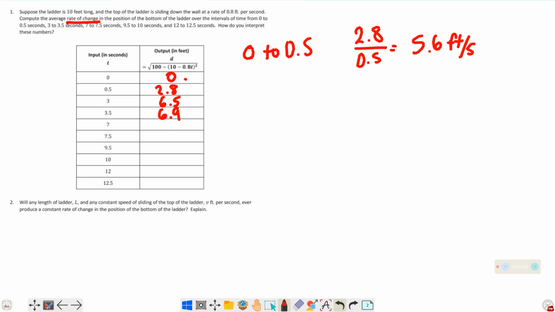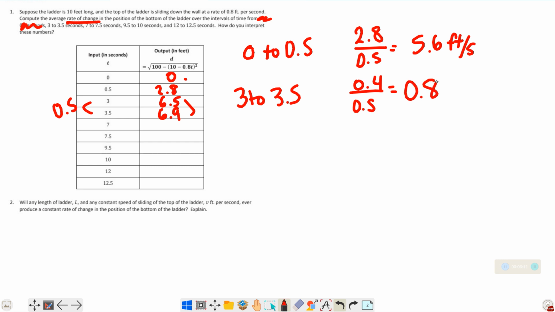Then for the next one, so I've done 0 to 0.5. For the next one, from 3 to 3.5. That is also a change of 0.5 seconds, but it is a change of only 0.4. From 6.5 to 6.9 is 0.4. And so that is a change of 0.8 feet per second.